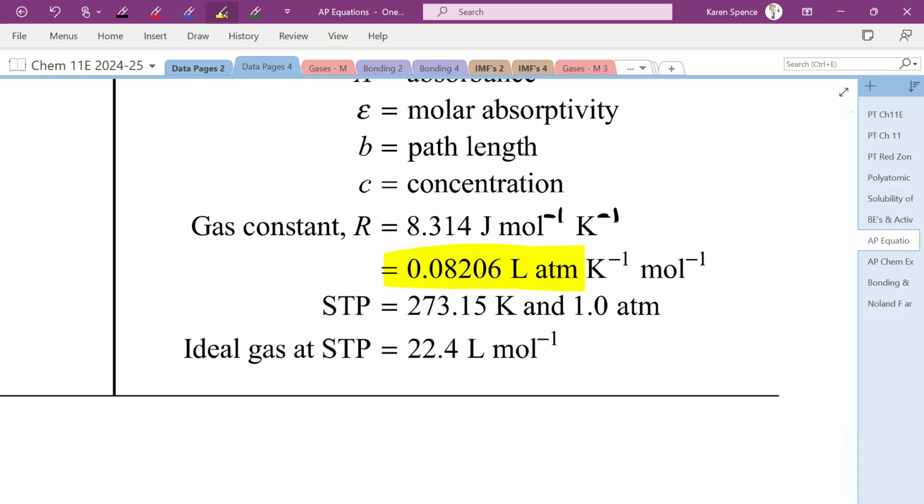It doesn't tell you that that's 0 degrees, but you know that STP is 0 degrees Celsius, right? So if you forget that, there it is for you.